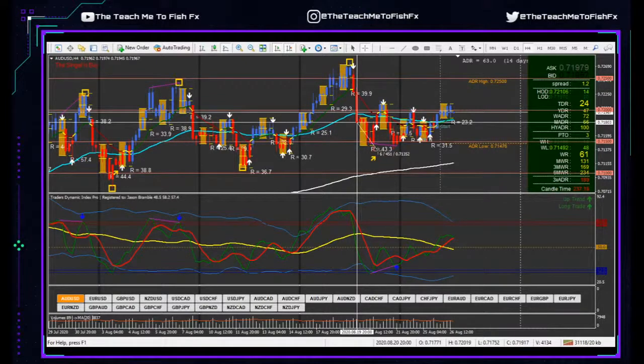Bam, 45 pips in the bag last week. Now, if you're holding this trade into the next exhaustion square, you're going to be in a deficit of 29 pips right now. But again, you guys have to trade accordingly.